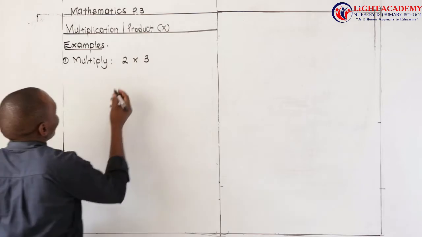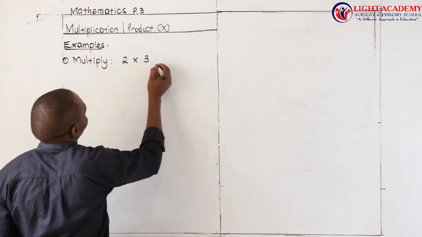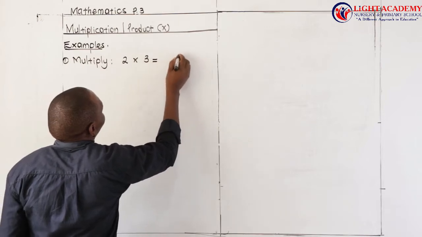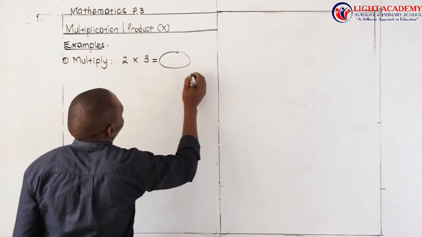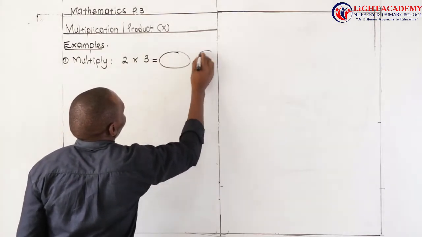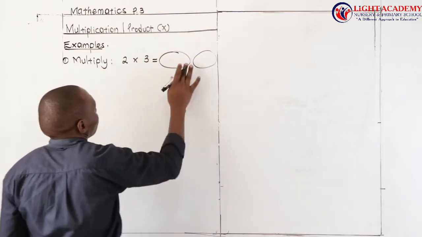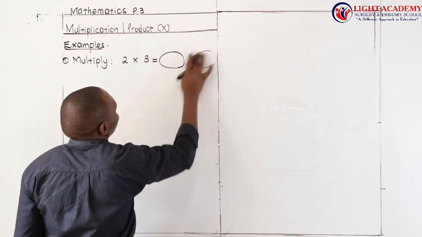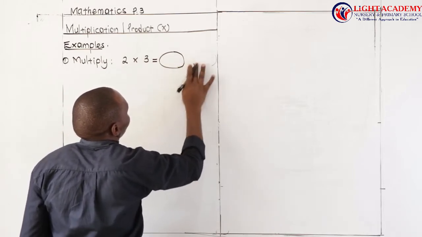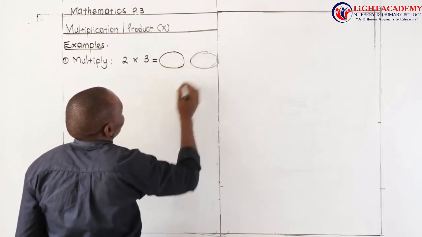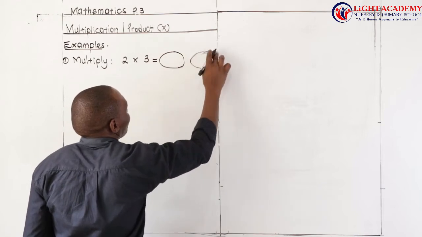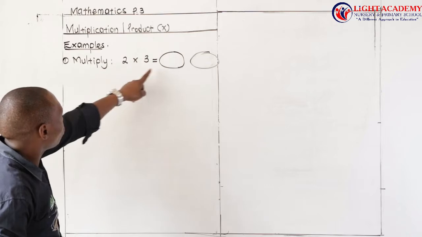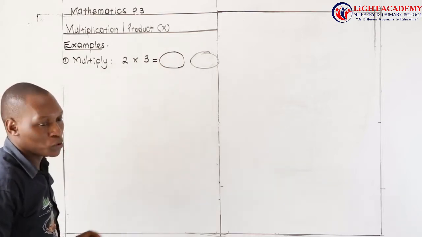So you could simply answer this question as equivalent to, I can use this circle for the first group. I can also use another circle for the second group. These are 2 circles to mean 2 groups, okay? But the second number is 3, meaning in each of these groups I must put 3 items.